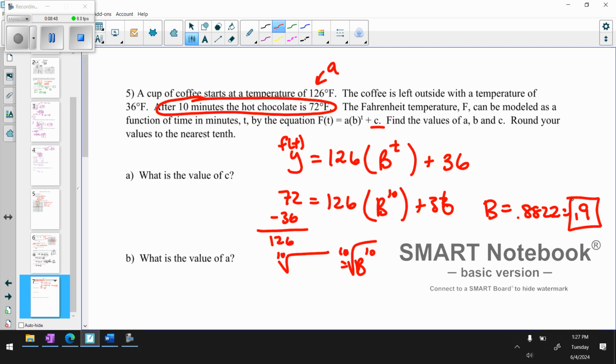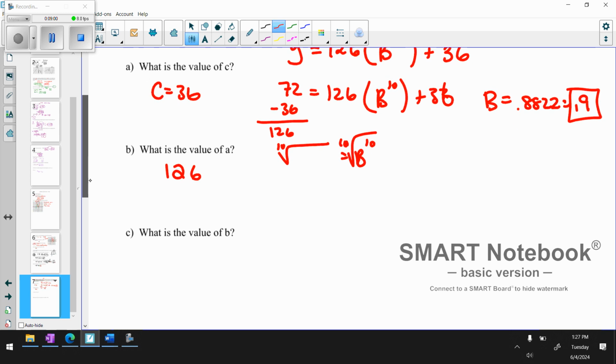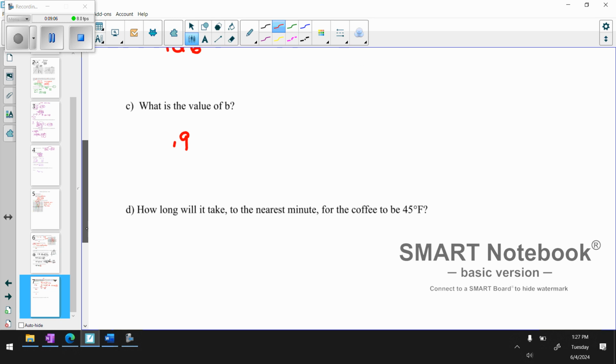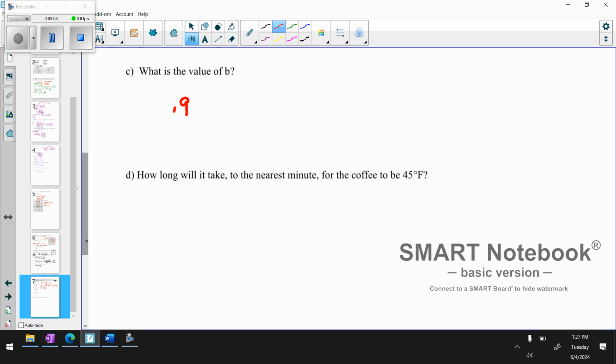So the value of C, right, is the temperature, C is 36. Value of A was 126, the starting temperature of that object. And then B, we just solved for it, was 0.9. Now, if we know all that stuff, how long will it take the cup of coffee to get to 45 degrees? So I go 45, and I'm just going to plug it in that formula.